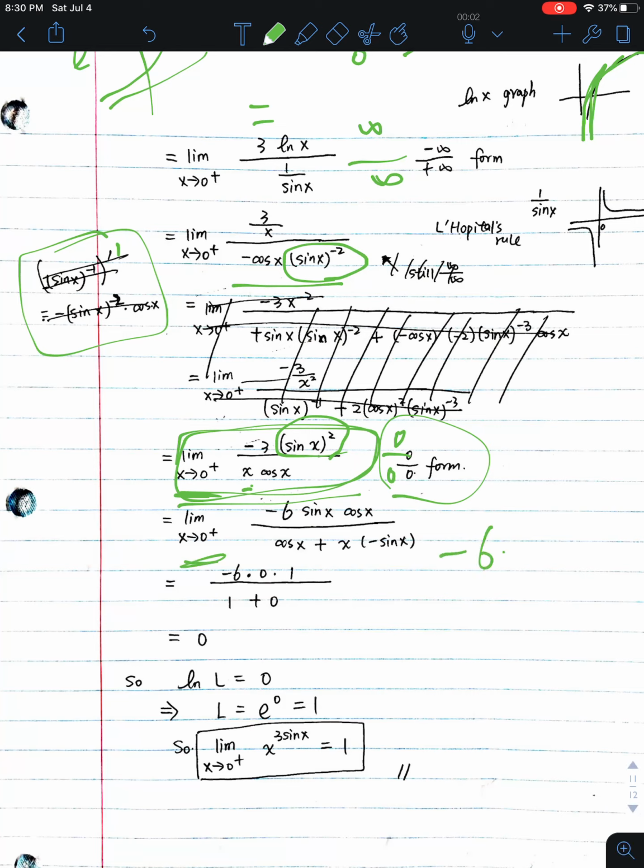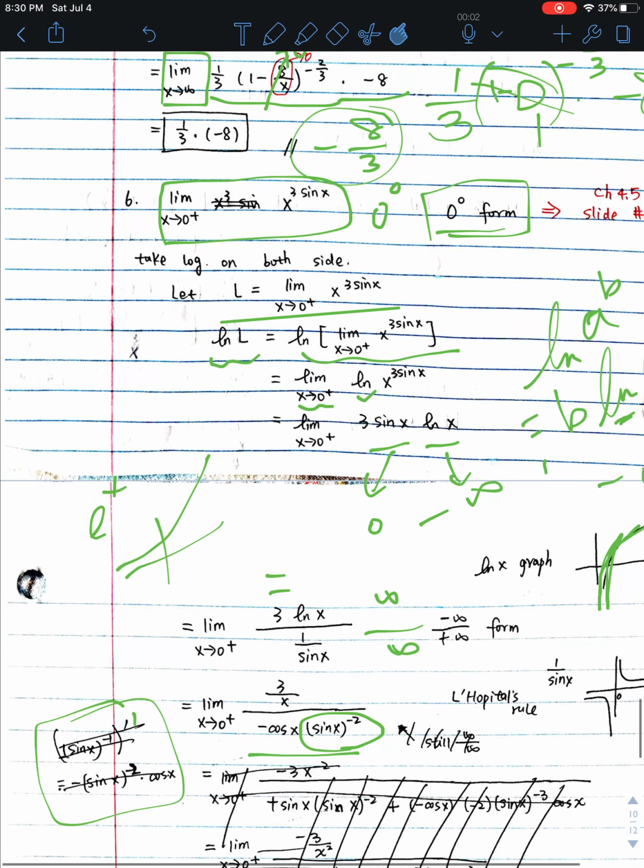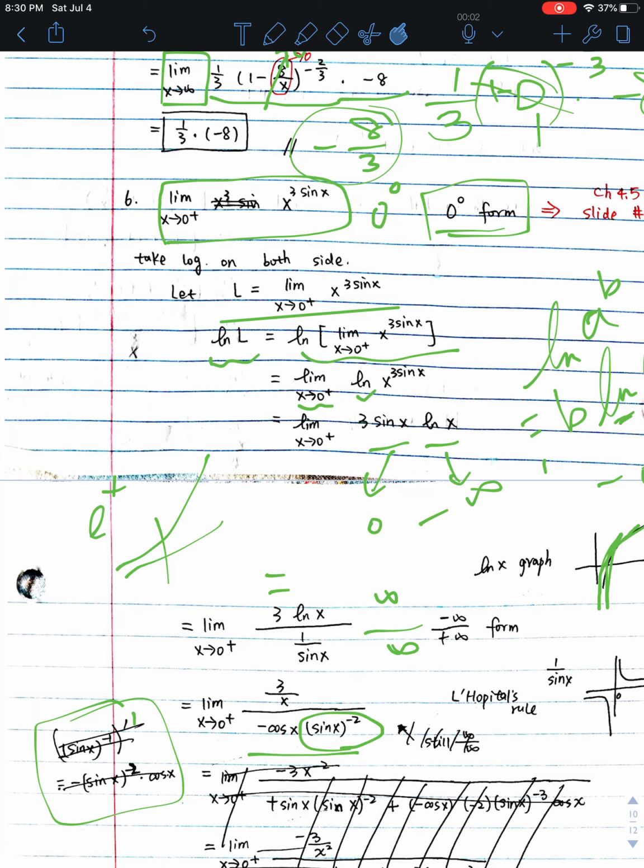So it becomes negative 6 times sine x, which is 0, cosine x is 1, over cosine x, which is 1, minus 0. So it becomes 0 over 1. And that's 0.